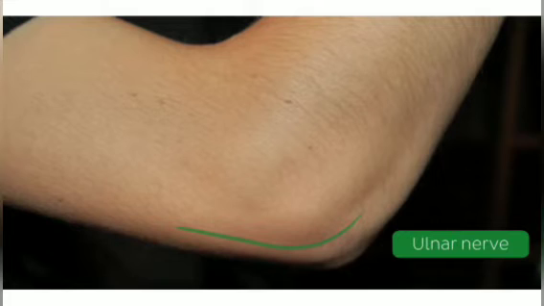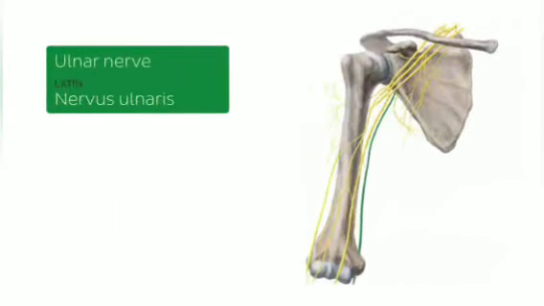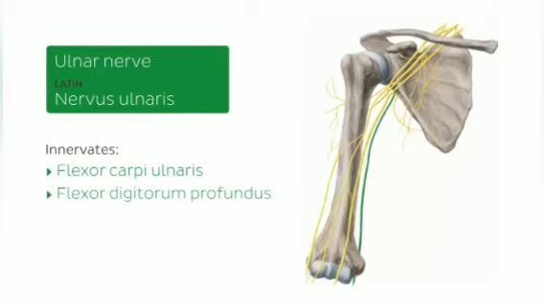it can be painful. Still on the ulnar nerve, I would like to mention the different muscles that this nerve will be innervating. One will be the flexor carpi ulnaris, for example. Another one will be the flexor digitorum profundus, and several muscles from the hand.